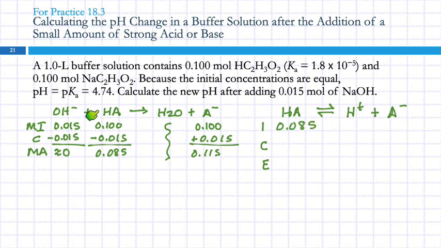And the A minus is 0.115, and hydrogen ion is essentially 0. So then I've got minus x, plus x, plus x.